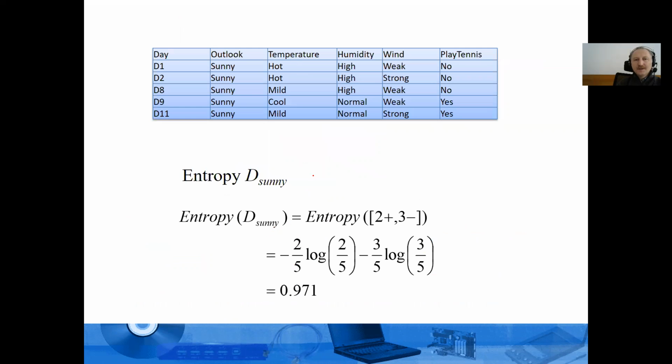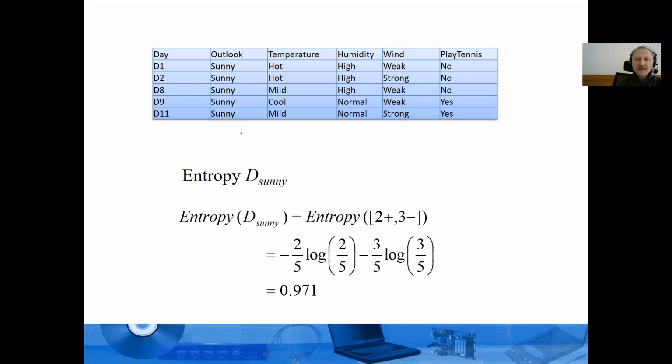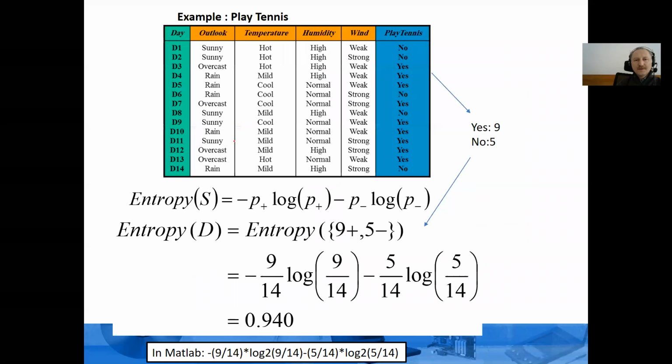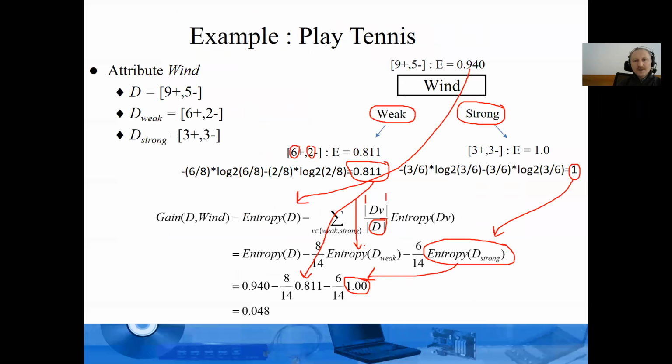And you'll continue like that. For example, when you take only outlook sunny, from this data set you can filter: if outlook is sunny, you bring only this data, 1, 2, 3, 4, 5 rows, to here.